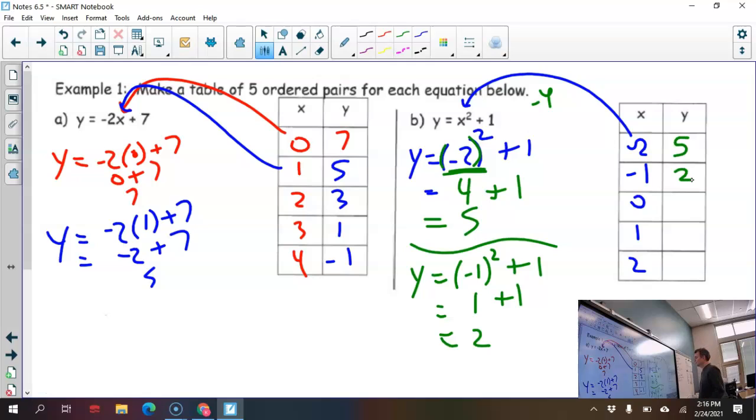And I could let you do the rest. I'm just going to give them to you. This would be 1. And if I put 1 in, I would get 2. And if I put 2 in, I would get 5. Look at that, how it's kind of symmetrical. Interesting. All right. So what I'm hoping is if I give you an equation, you now know how to make a table from the equation.